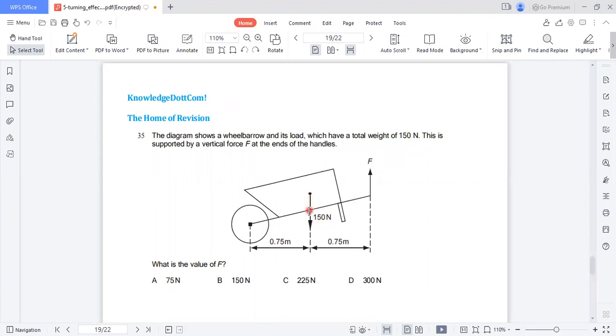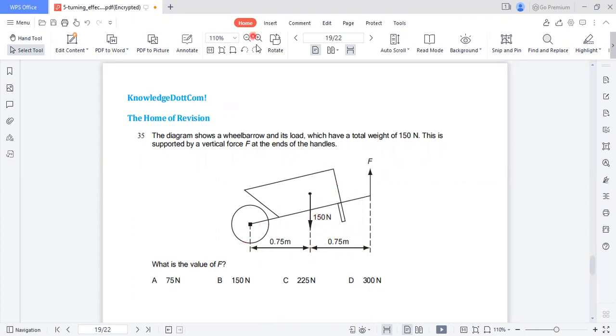Here is a pivot. Distance into force will give you a turning effect. This is supported by a vertical force. The vertical force is somewhere here, and its distance is this one.